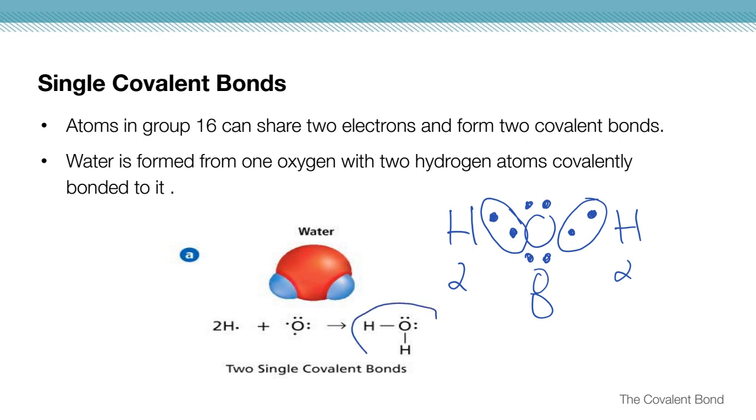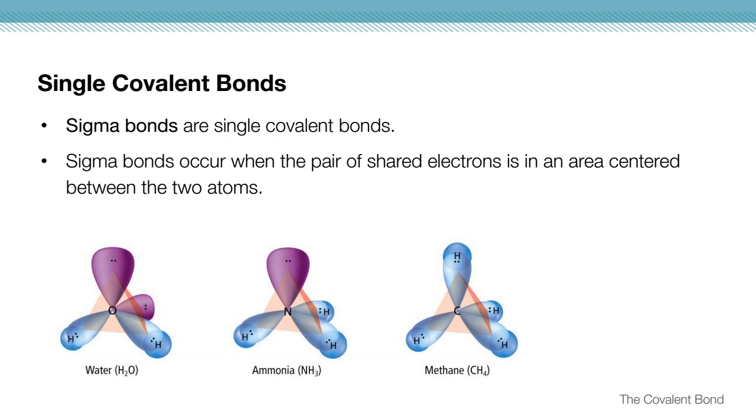This is another way of drawing this. Remember, you can represent a single covalent bond with a line as well. Because there are only 2 electrons being shared here, these are single covalent bonds. Now, a sigma bond, a vocab word you'll hear more about in chemistry, is when you have a pair of electrons being shared at the center.